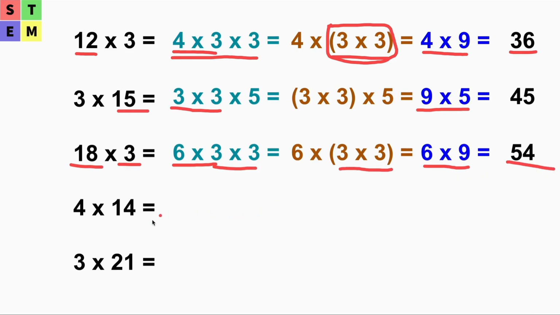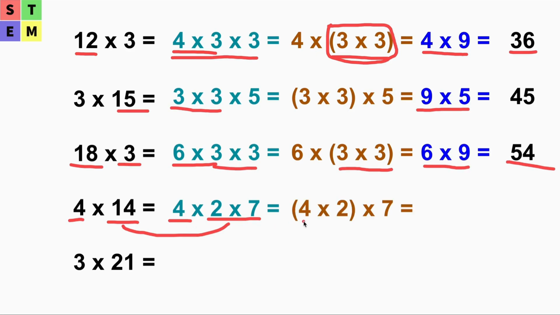Okay, and our fourth example, we got 4 times 14. Now we are going to simplify it. So we got 4 times 2 times 7. 2 times 7 is 14, right? 14 is 2 times 7. So from here, what we can see is, if we do 4 times 2, it's definitely much easier. It will be 8, right?